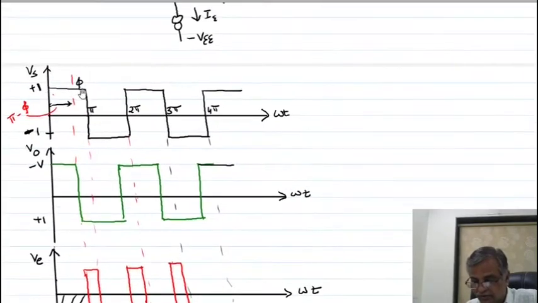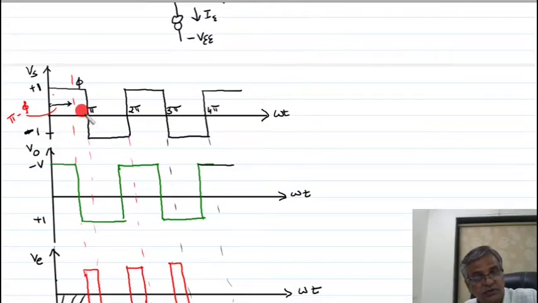Now during this phi, Vs is positive, means this is given to the Q1, and VO is what? Negative. VO is given to the Q3.